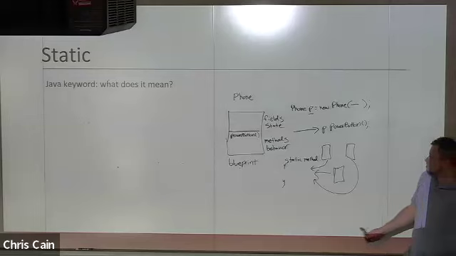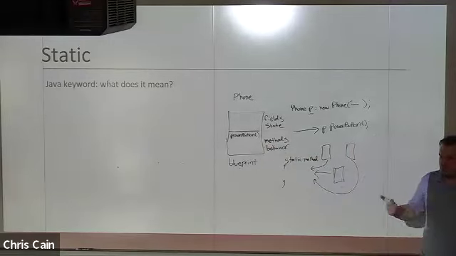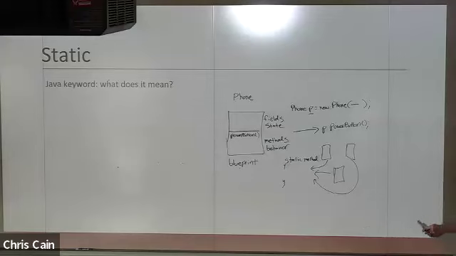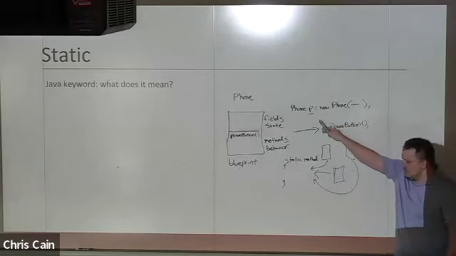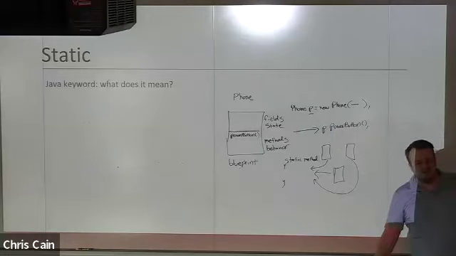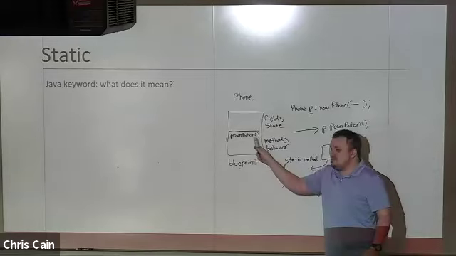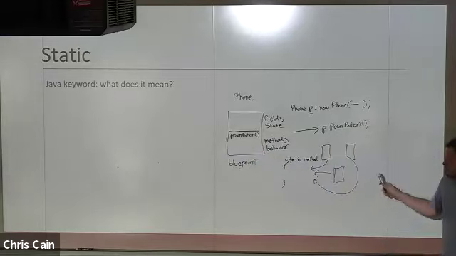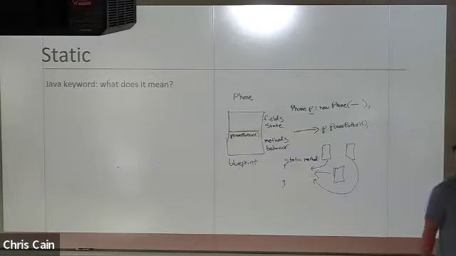You can't just directly call power button if it's not static from main, because there's no associated object to call it on. So which power button are you referring to? Are you referring to p.powerbutton or p2.powerbutton or p3.powerbutton? There's some ambiguity there because this is going to be replicated for each object that you make. So you can't just call power button, you have to call it on a particular object.